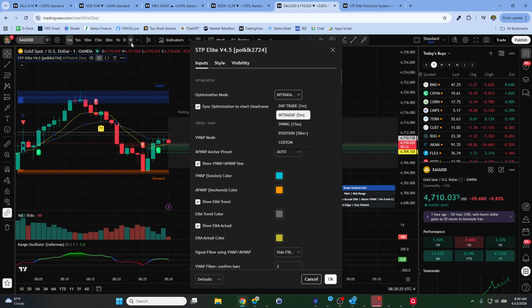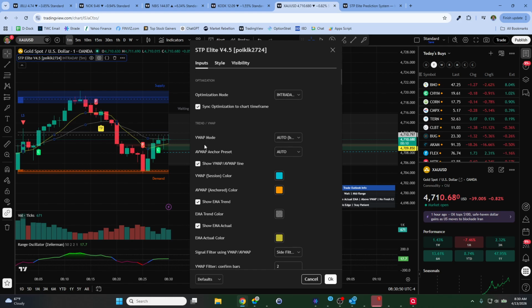So if you change your time scales, you notice how the labels changed before from bigger ones to smaller ones. It's because this was checked. If you decide you want to uncheck this and have control over how fast or the types of calculations that go into the algorithms that generate the labels, you can turn this off. You can change this to my pre-defaults, or you can do custom.